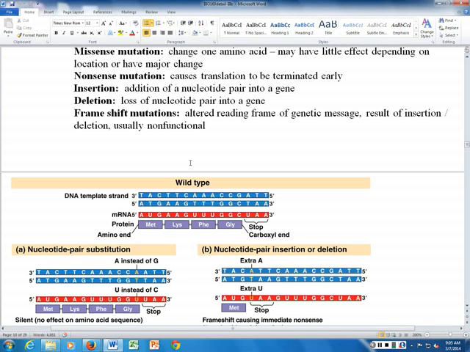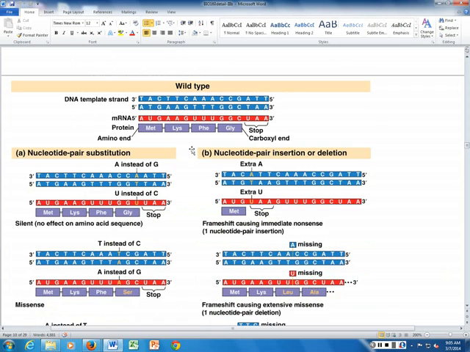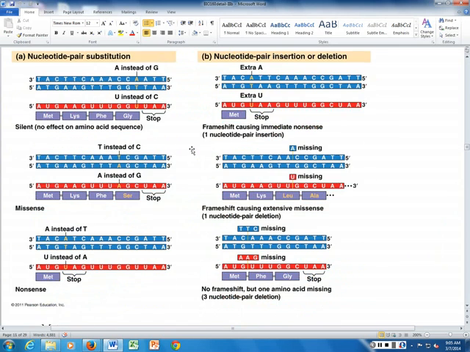Sometimes you'll just insert a nucleotide or delete a nucleotide, and what that leads to is a frame shift mutation, where you add in or remove one. If you look at it here, where you're normally reading along, you would go, okay, codes for MET, lysine, phenylalanine, serine.